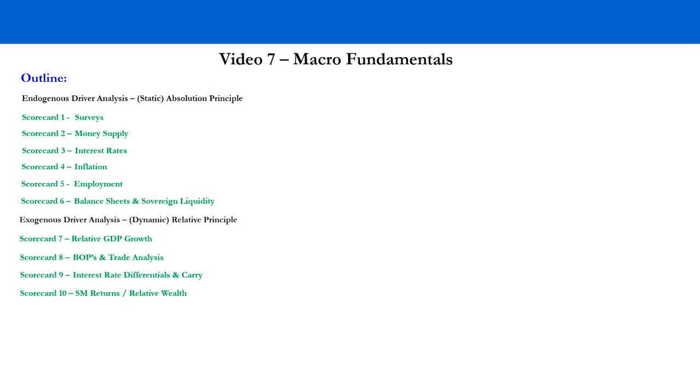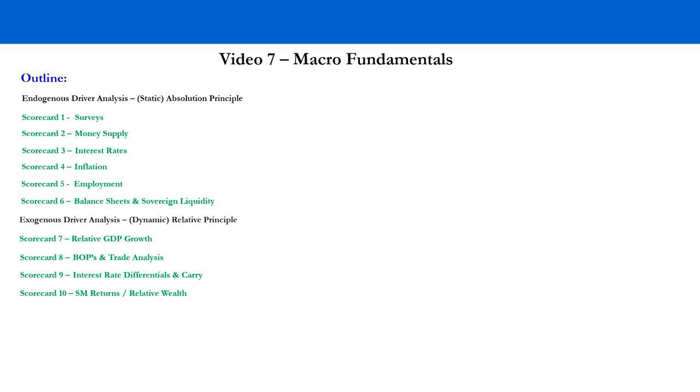What that means is that we're looking at a country in absolute terms to begin with, which is the endogenous driver analysis, and we need to look at something called the static or absolution principle. So what we're doing is looking at a country in its entirety in absolute terms, not relative to another country.